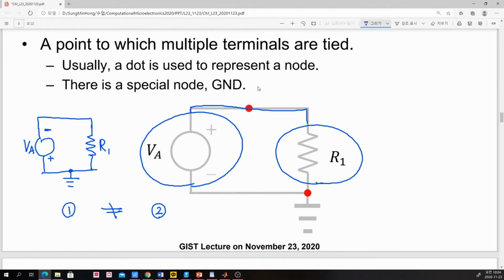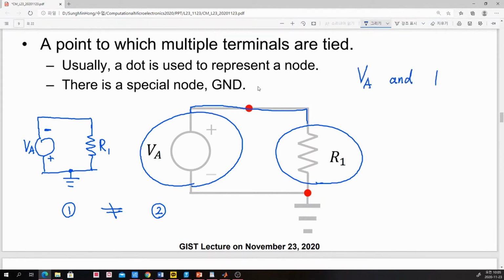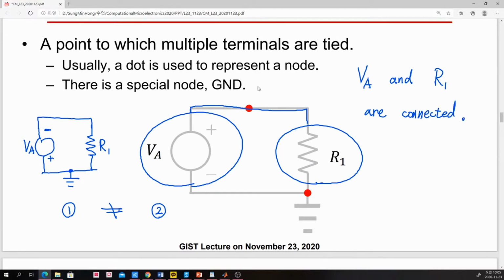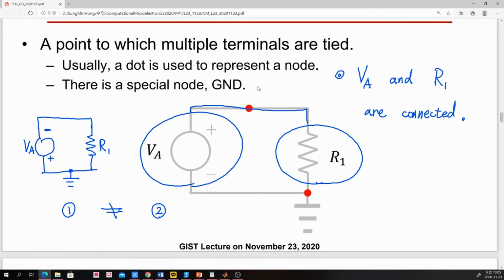So simply speaking, it is not enough to specify that VA and R1 are connected.